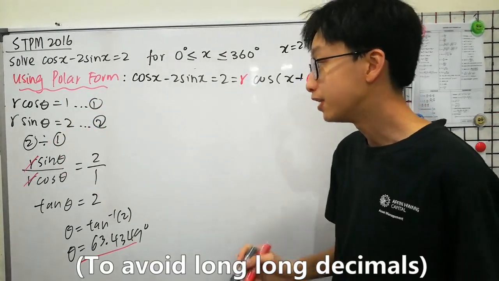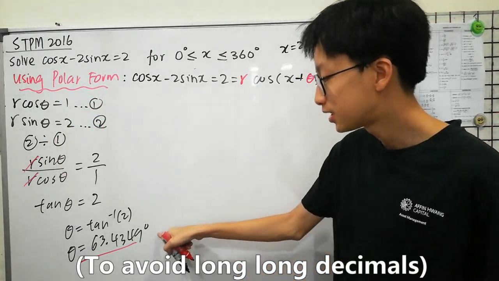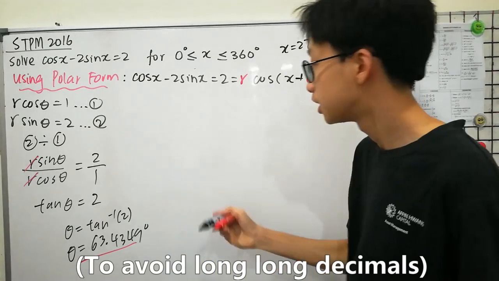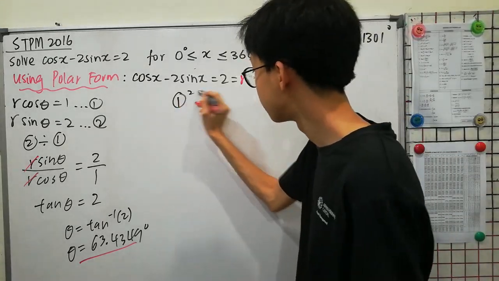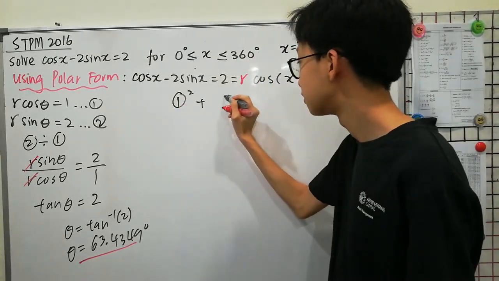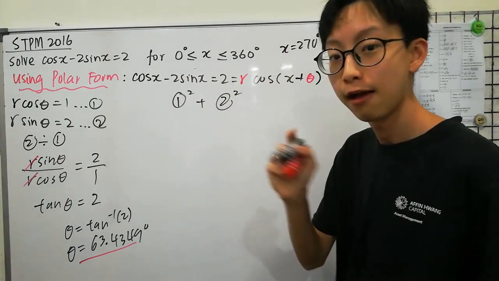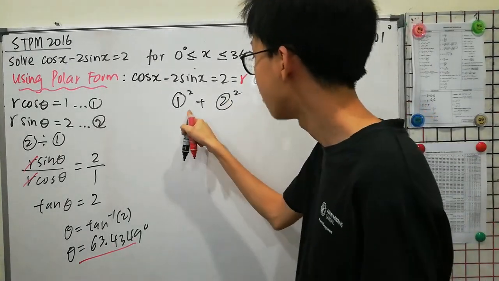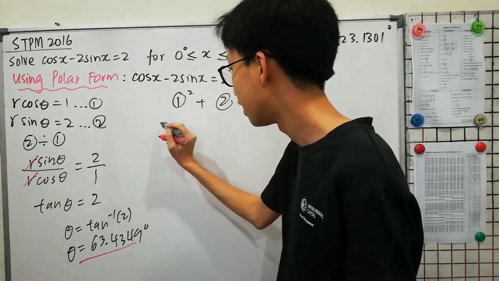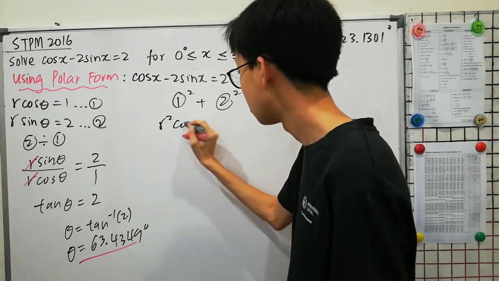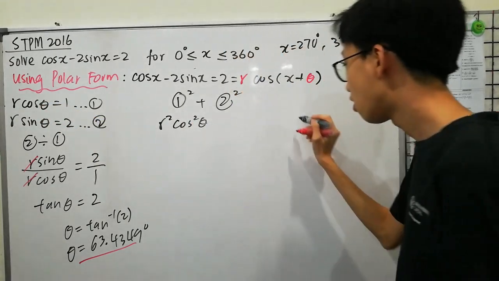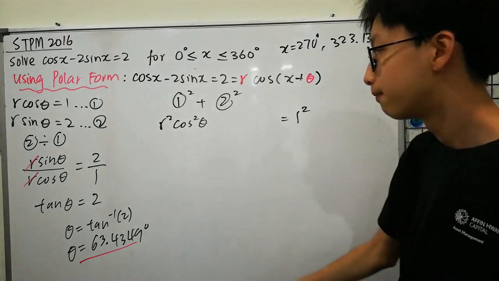To make our life easier and so we don't have to sub this theta back into the equation, I will just use the square of equation 1 plus the square of equation 2. I will show you why later. Okay, square of equation 1. On left hand side, we will have r squared times cos square theta. On right hand side, it will be 1 squared.